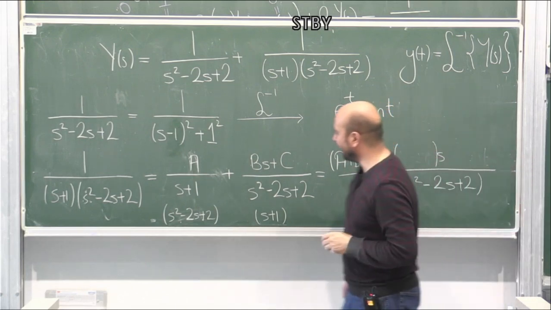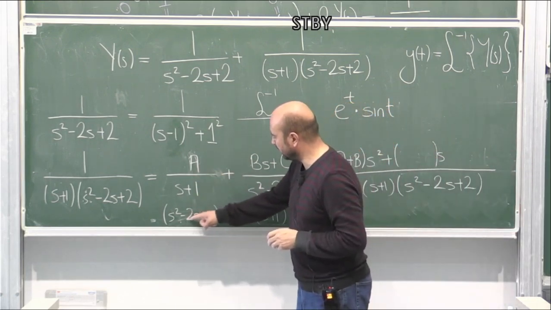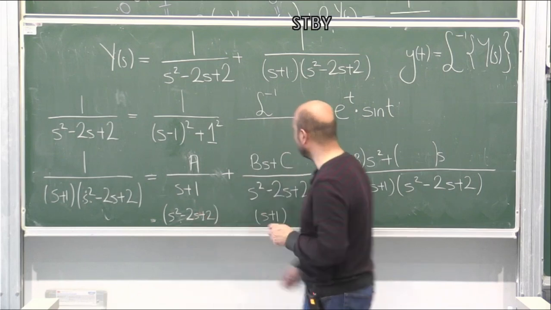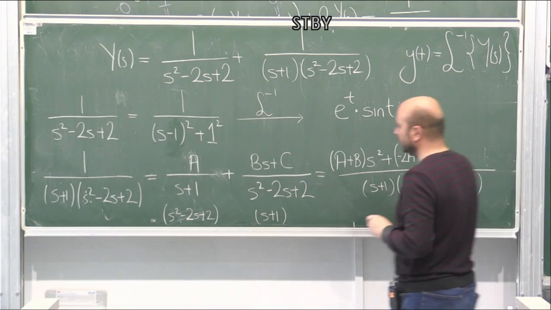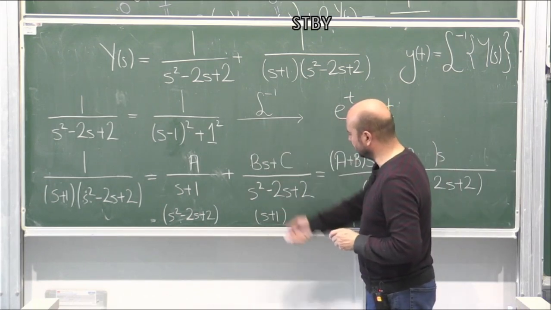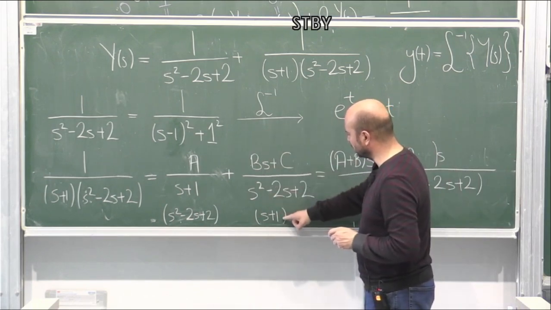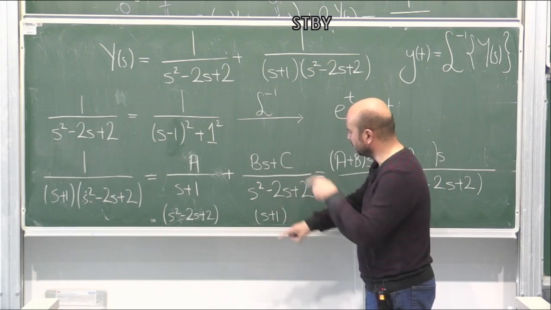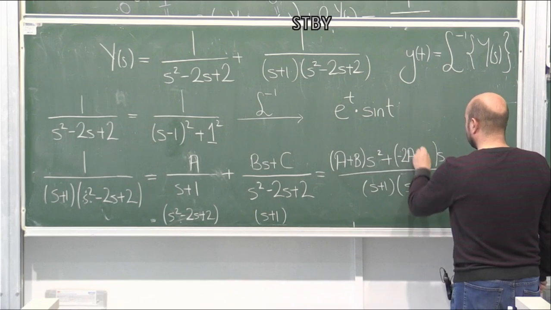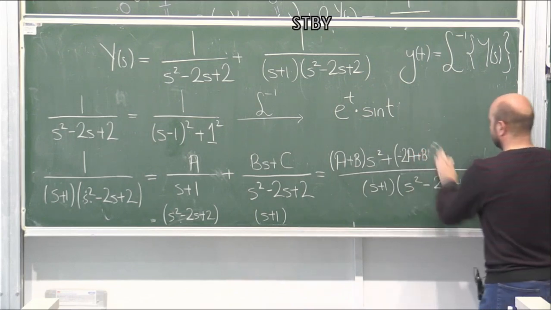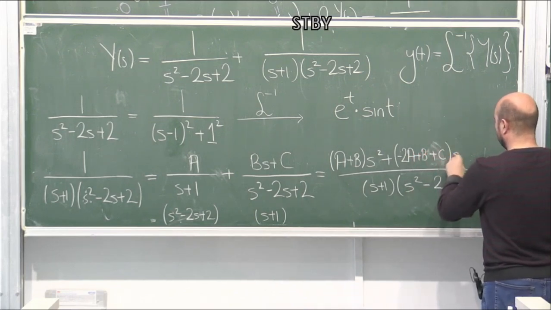We have here a times minus 2s, so we have minus 2a. And then if you multiply them, we have bs times 1, c times s. So we have plus b, plus c, times s.